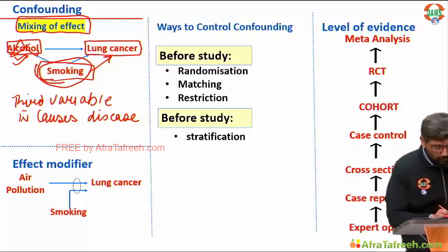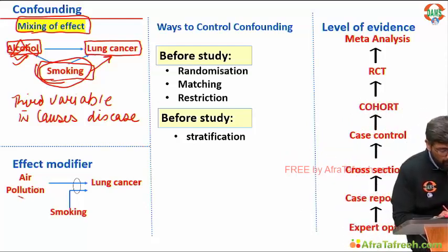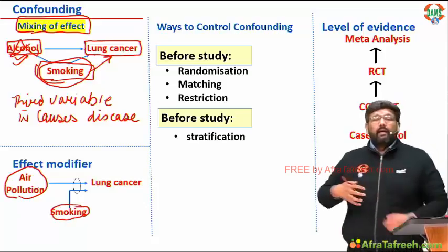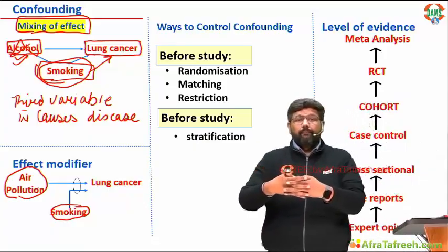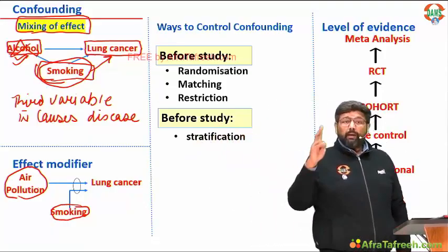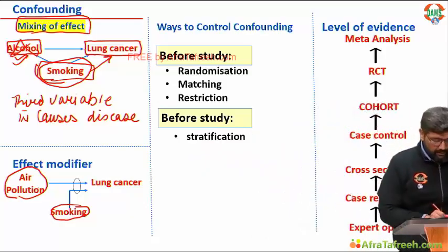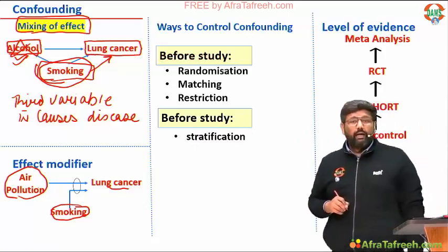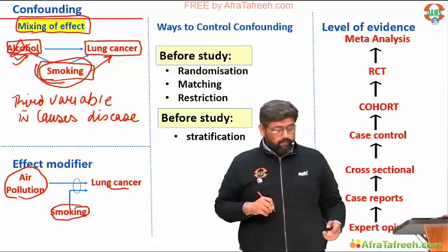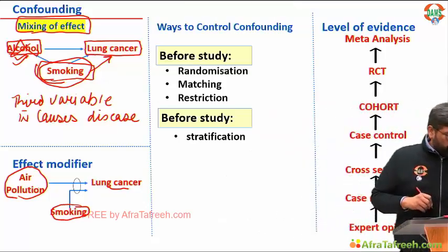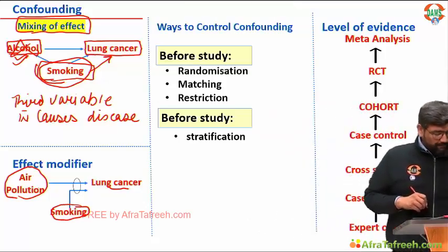But in effect modifier, air pollution and smoking, they both are causing cancer in a synergistic way. There alcohol was not causing cancer, only smoking was causing cancer. But here they both are synergistic. This is known as effect modifier.